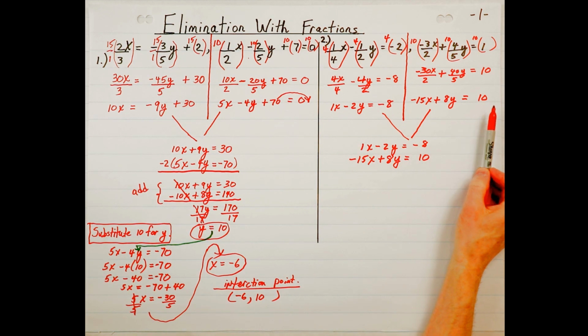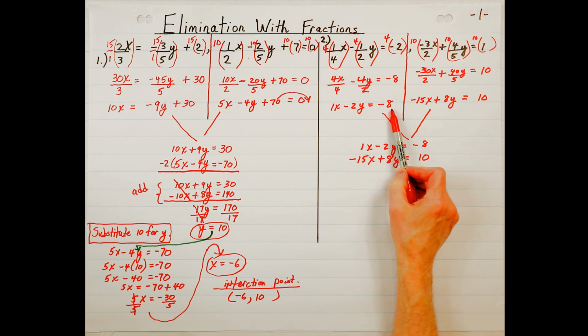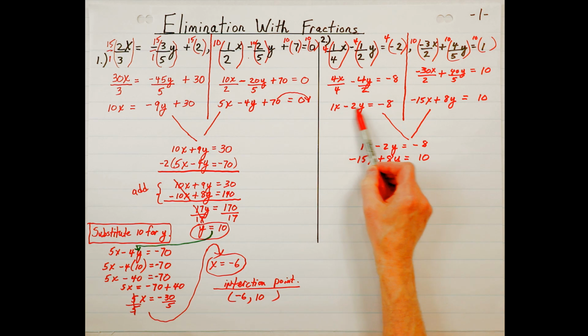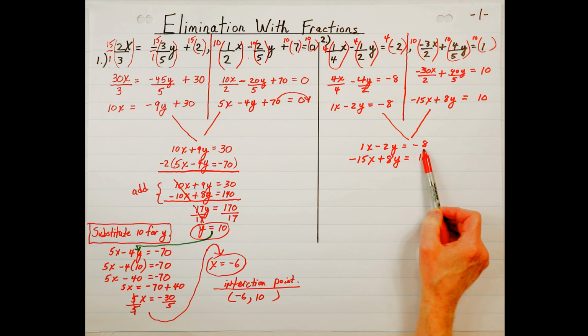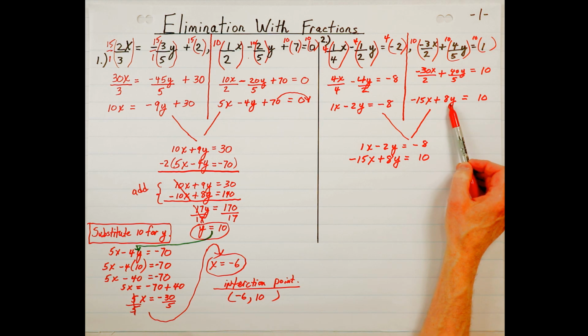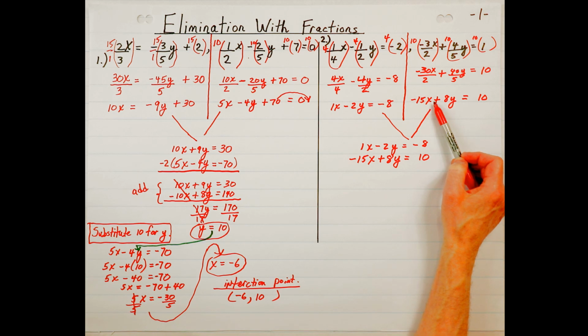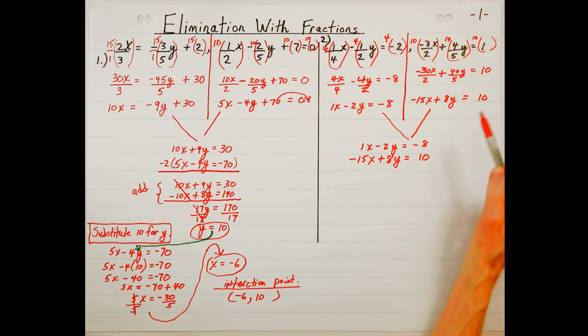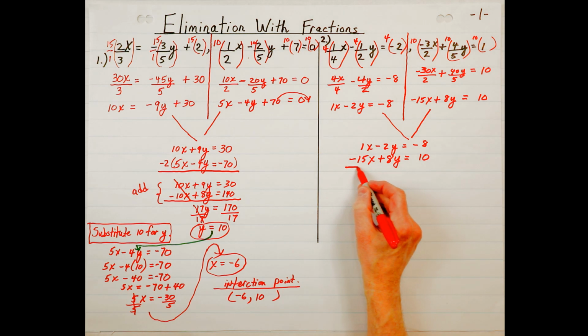One of the things that I do as well is I make sure that I'm copying down this line to this line correctly. That's another easy mistake to make, and then from that point on you're wrong and you wonder, where the heck did I go wrong? Okay. So we're all set.